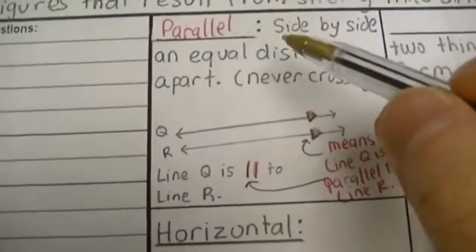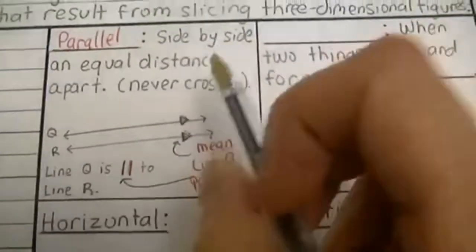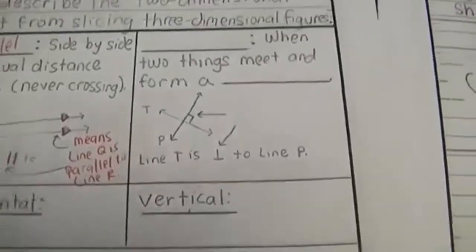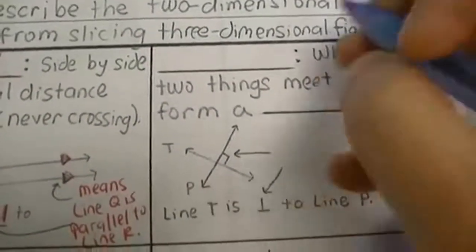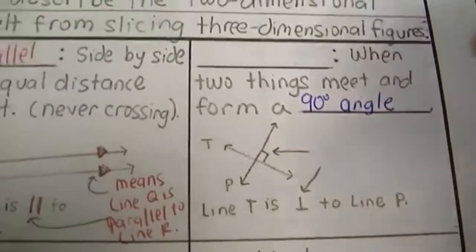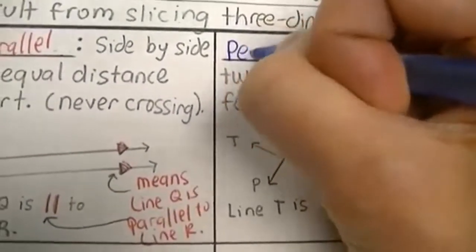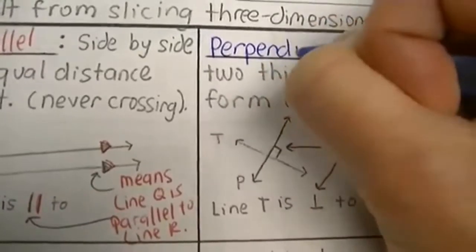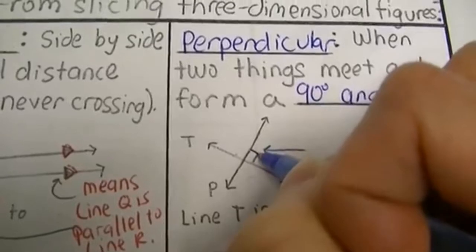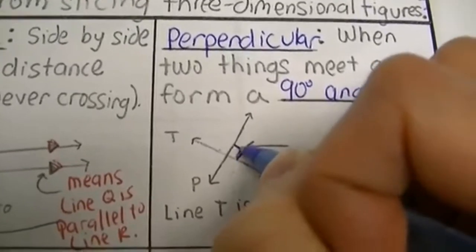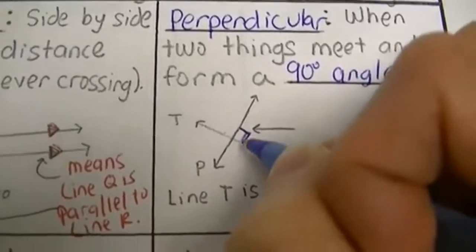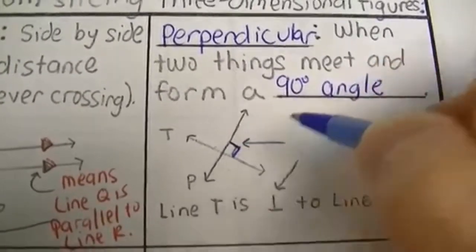Something that goes along the lines of that vocab: when two things meet and form a 90-degree angle, that means they're perpendicular. This symbol right there means that it forms a 90-degree angle. If you have a 90-degree angle there, you also have one here, and right there, but just one would suffice.